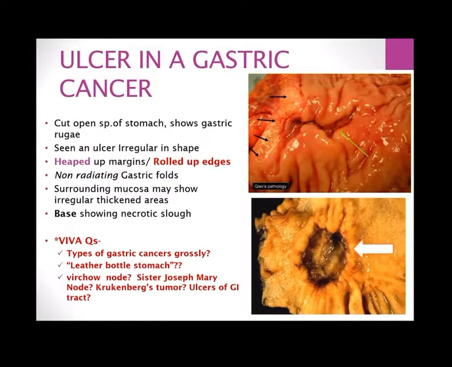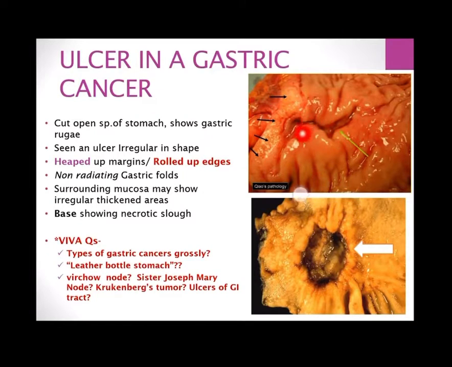Now next important specimen is ulcer in a case of gastric carcinoma. So again this is a gastrectomy specimen, and we can identify this by the rugae. So the examiner can ask you, how did you make out that it is a specimen of stomach? So we identified it by the presence of these rugae. Now this is a specimen showing irregular ulcer with heaped up margins, or we can also call that rolled out margins.